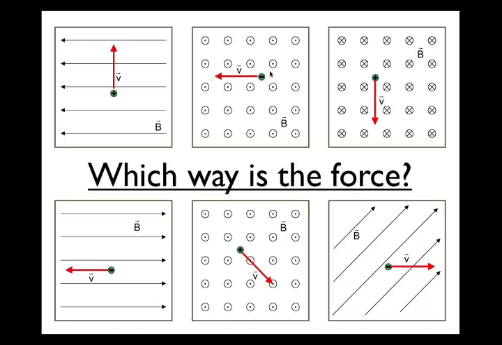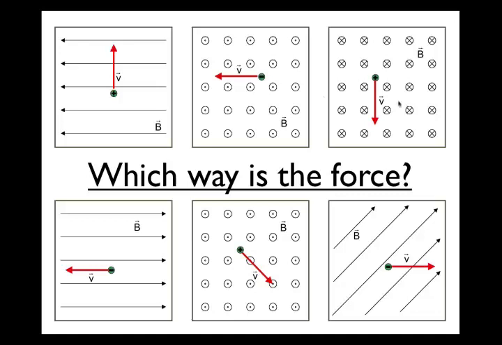However, and I don't know how well this is showing up on your presentation, this is a negatively charged particle. So a positively charged particle via the right-hand rule would experience a force directly up to the top of the screen. A negatively charged particle experiences a force in the opposite direction, so it would be down.